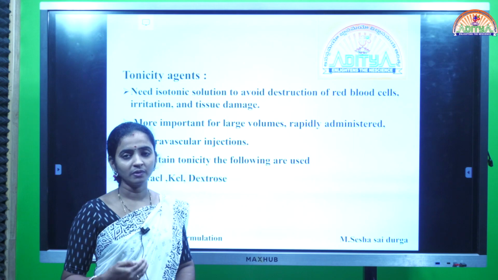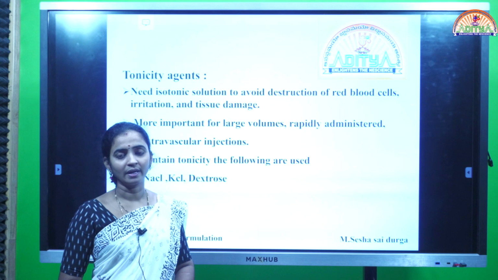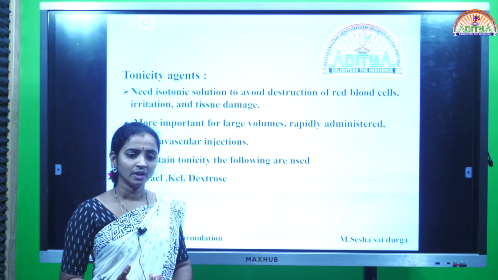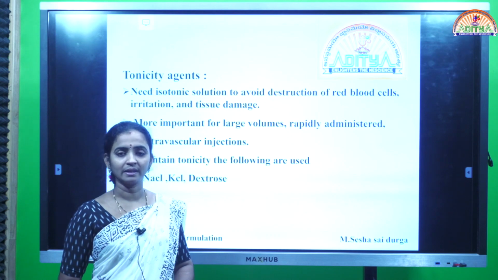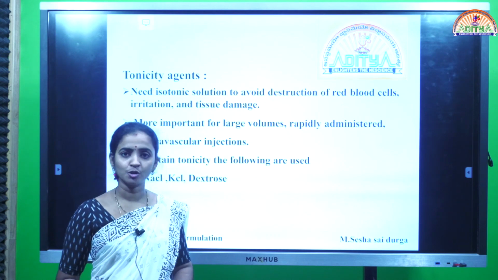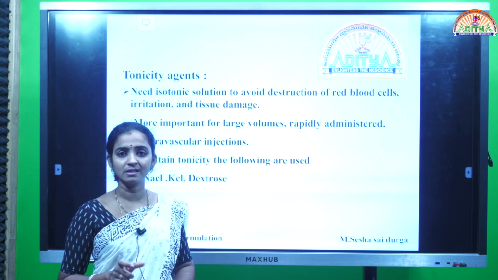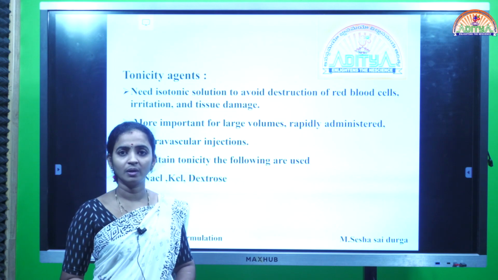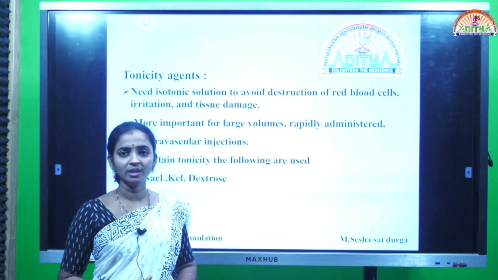Along with the vehicle and the API, some other ingredients will be added to meet the requirements of the parenteral products. Like the product must be isotonic, so we need to include some isotonicity adjusting agents like lactose or sodium chloride or borax to maintain the isotonicity of the product.